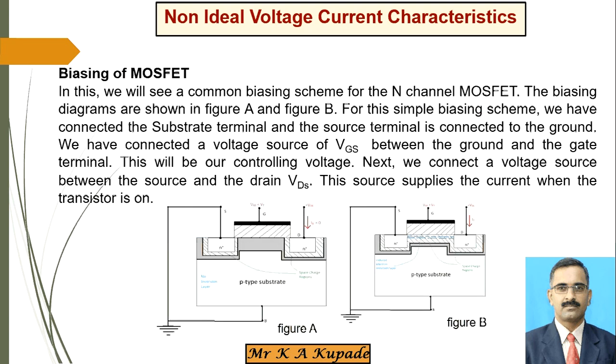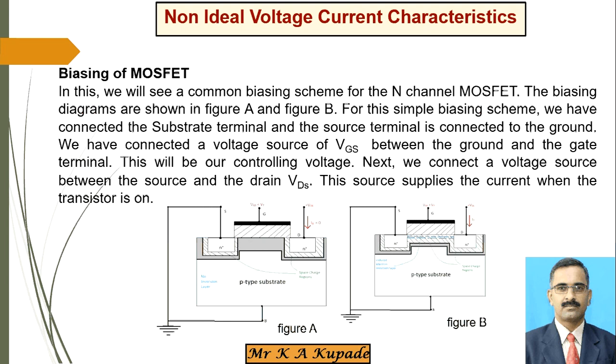Now, we already discussed the MOSFET biasing, how the bias is made. Here in figure A, the substrate terminal is grounded along with the source terminal.